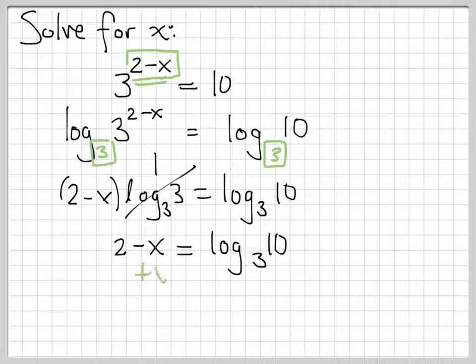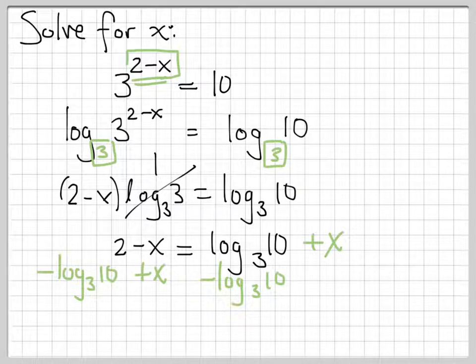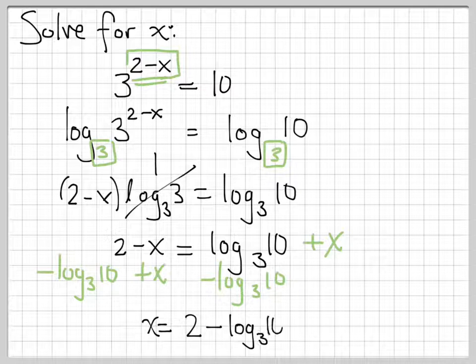And if we just add x to both sides and subtract log 3 of 10 from both sides, then what we wind up getting is x equals 2 minus log 3 of 10.